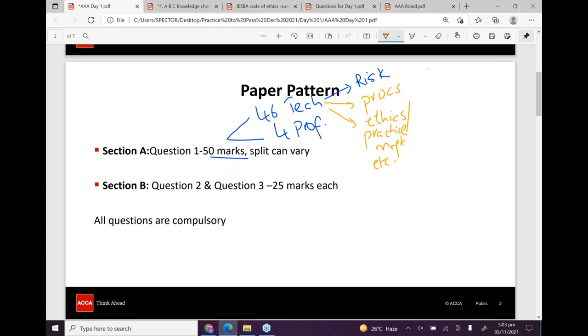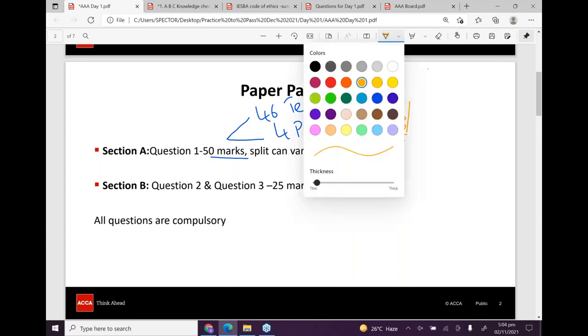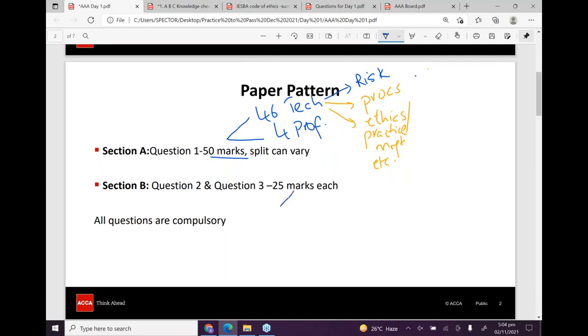Section B is going to have two 25-mark questions, and your examiner has specified that at least one question is going to be from the completion and reporting stage of audit. I've had quite a few students coming to me and saying, Afaf, you said reporting, there were only 7 marks on reporting.